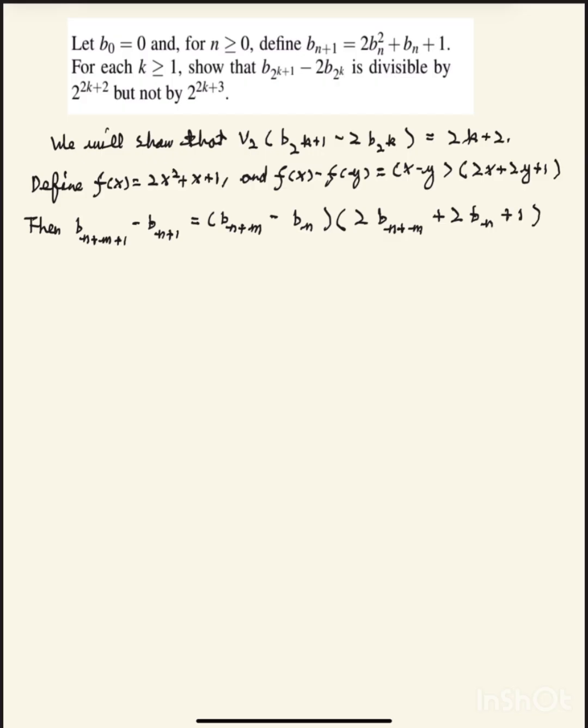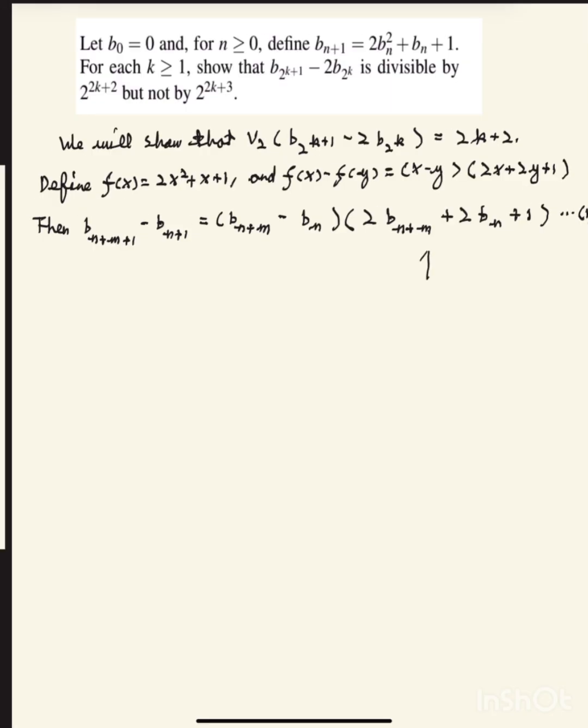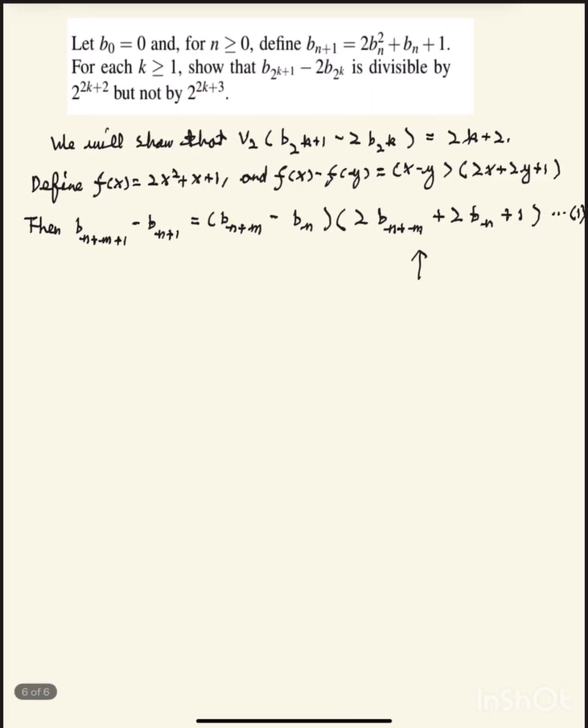So this we will label as equation number 1. This is a very important equation because this second factor is always odd. So hence, the two-adic valuation of the left-hand side is the same as the two-adic valuation of the first factor.